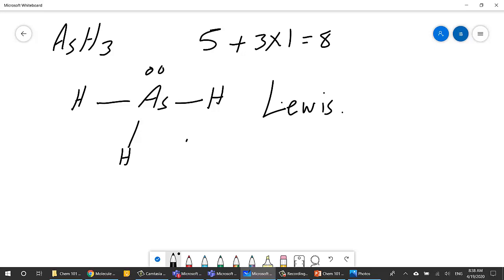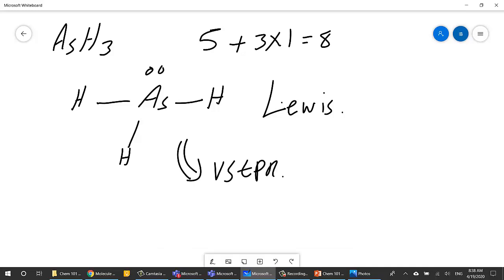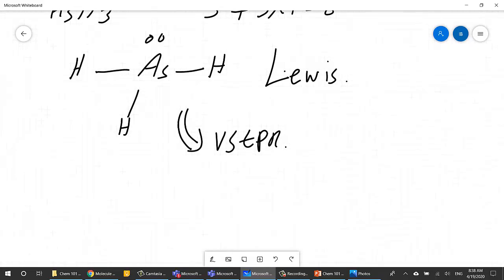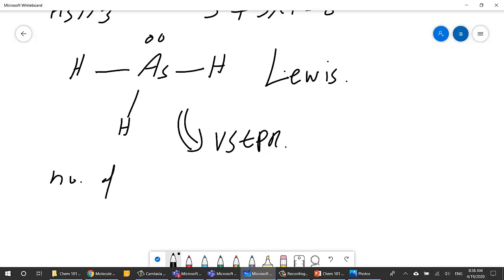How about VSEPR? In order to do VSEPR, you have to count the number of electron pairs around the central atom. The number of electron pairs is equal to 4.